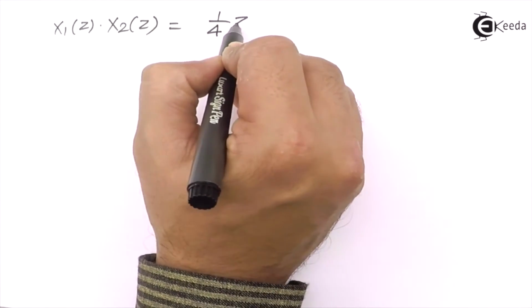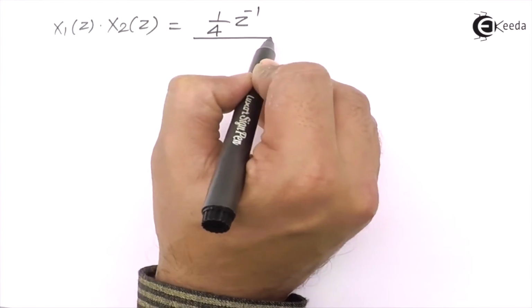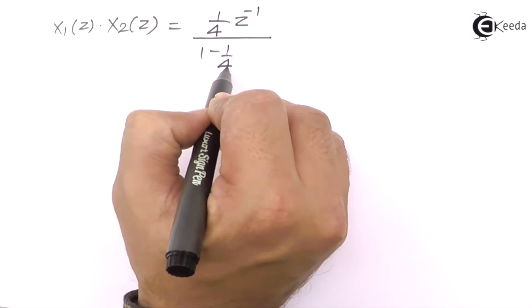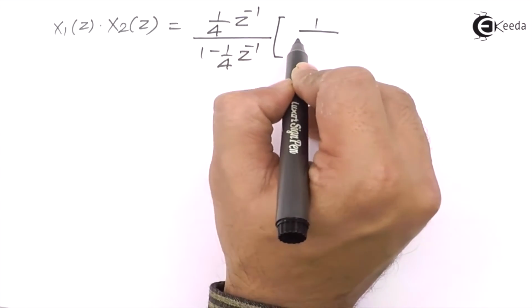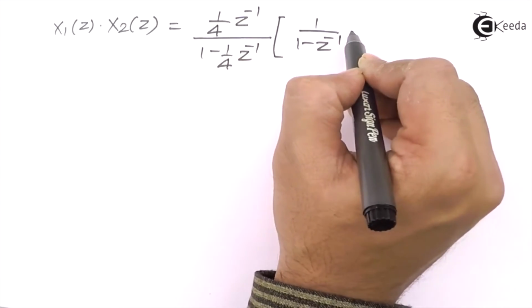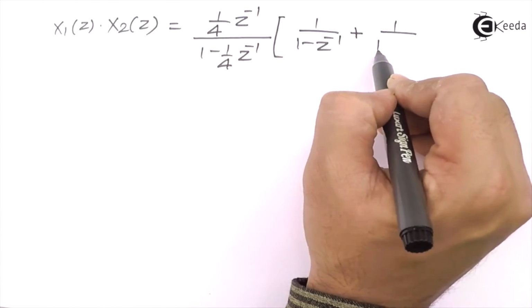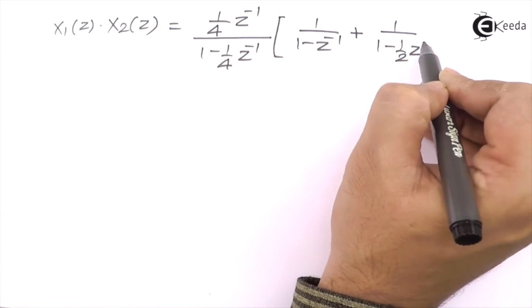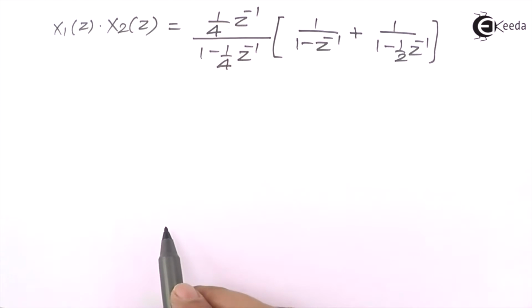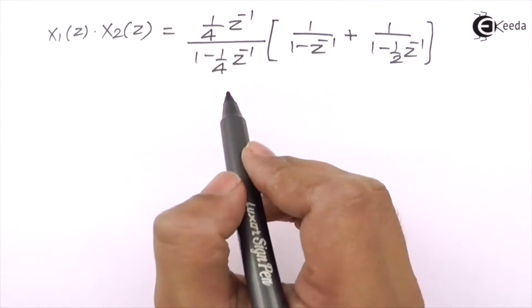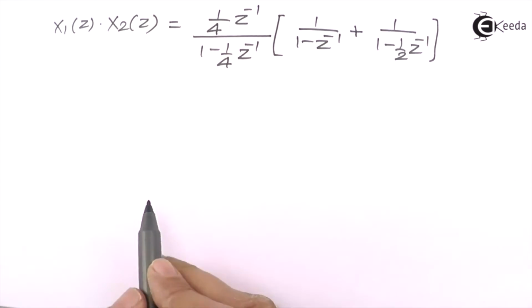So the given function is this. Remember, whenever we are simplifying this, make sure that all the inverse orders of z you are making positive.